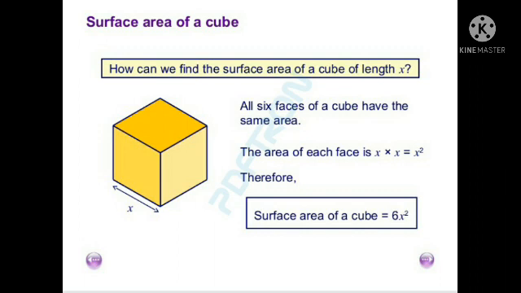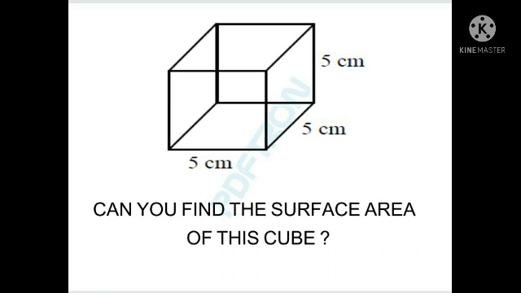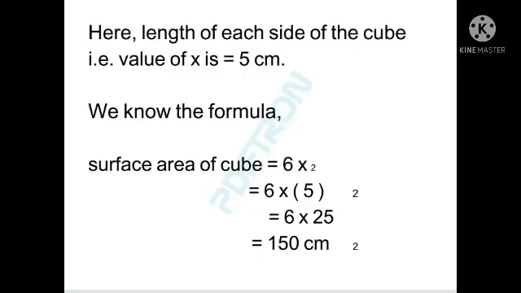Okay students, here is a problem. It is a cube, right? And we have to find the surface area here. From the picture you can clearly find the value of x. What is the value of x? The value of x is 5 centimeter, right? And we know the formula we just derived, that is surface area is 6x square, right?